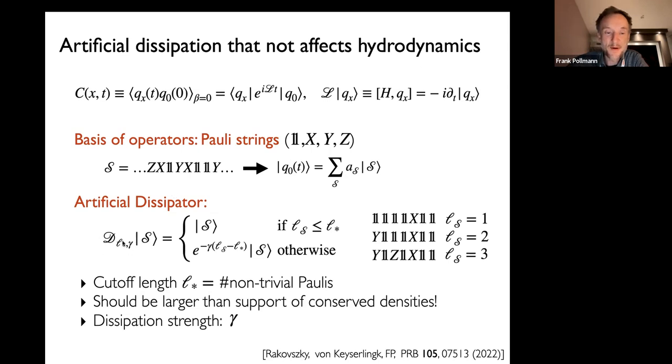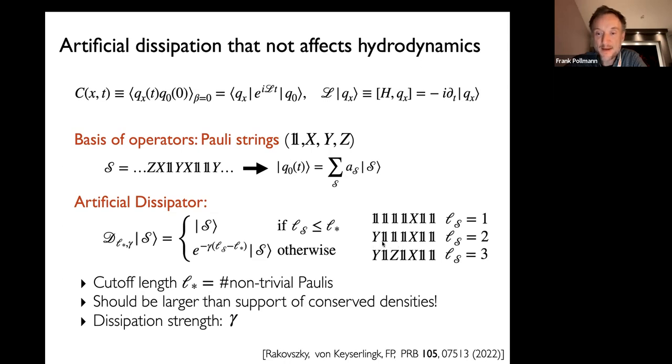If we apply this super operator, D with L star and gamma, to a Pauli string, it does the following. LS is defined as the number of non-trivial Pauli operators. Here we have a product of identities and a single sigma x, and LS equals 1.